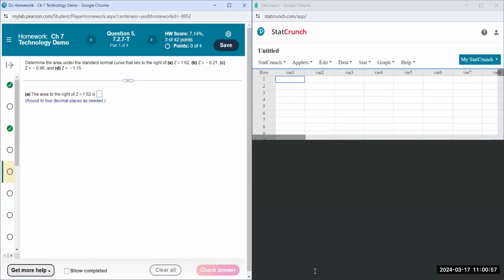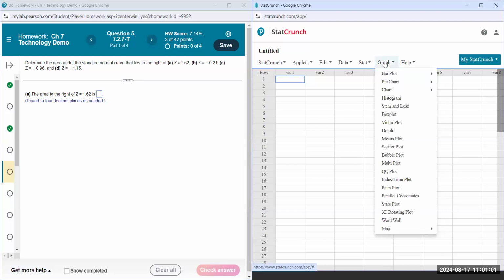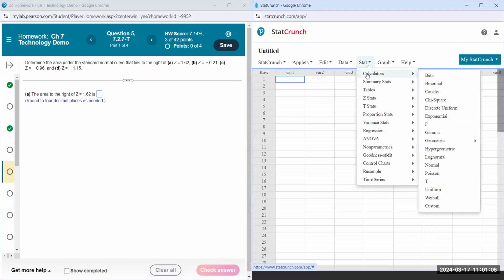Luckily for us, we can get this information on StatCrunch. So go to the stat calculators. And we're looking at different curves here eventually, but for now, we're going to look at the normal one, the standardized one. So stat calculators normal.